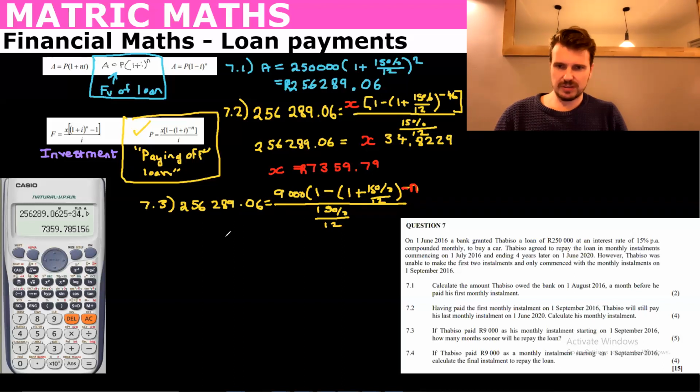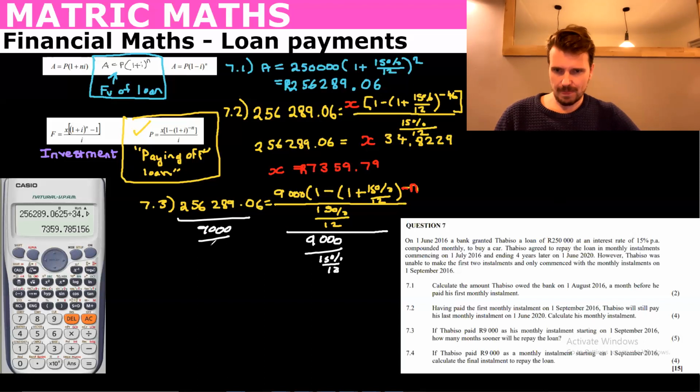In other words, I need to divide both sides by 9,000 over 15% over 12. If I do that, then you see that that cancels. So the yellow cancels the white on the right, and I'm just left with this value here, and then this, which I'll then have to solve further.